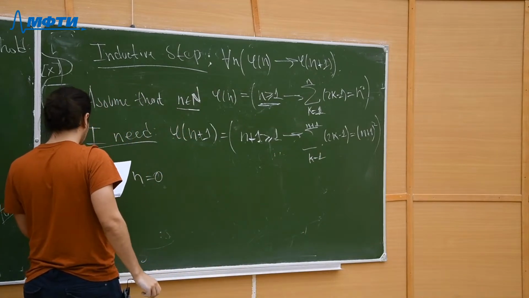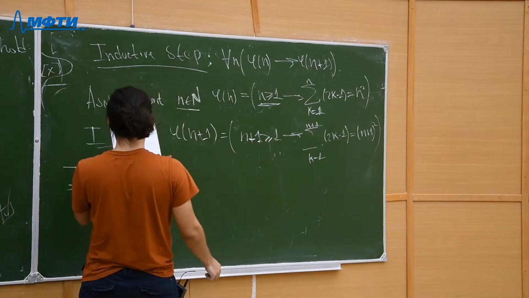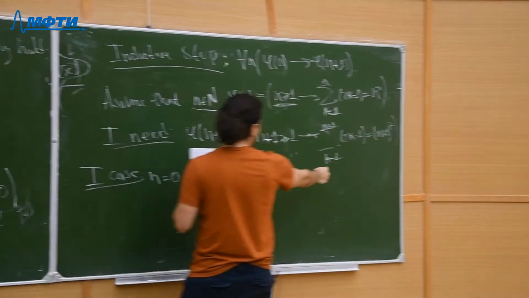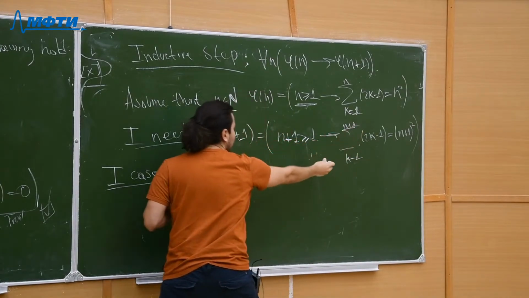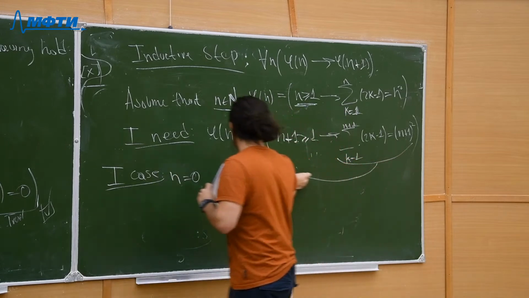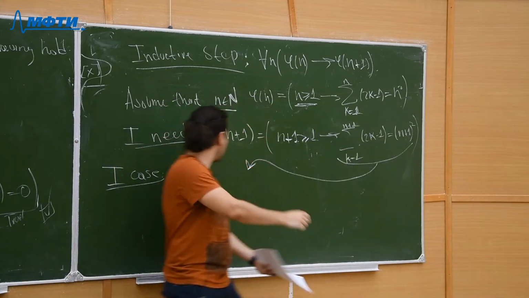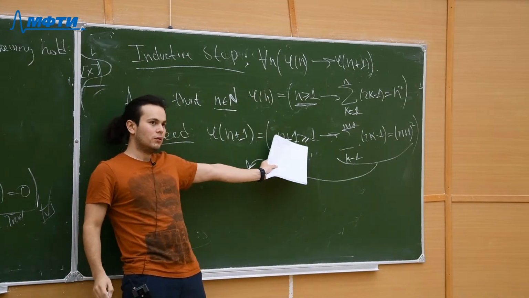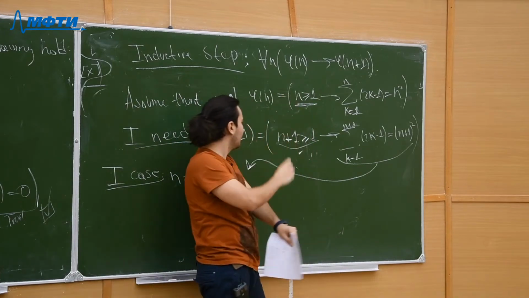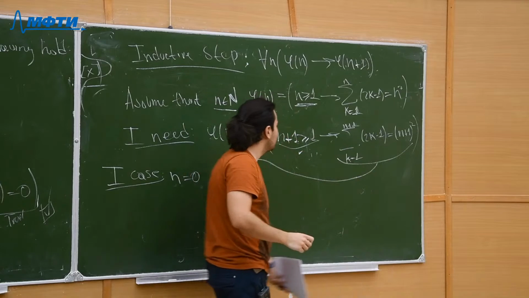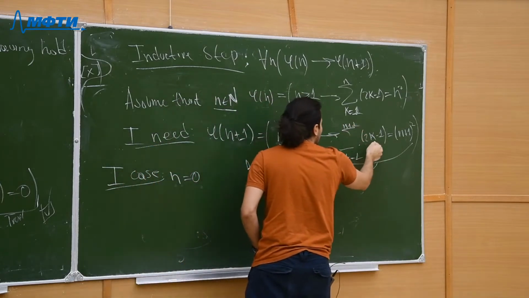Okay, and I obtain the following. So I obtain here, from k equals 1 to 1, right? But for n equals 0, I have to check that this holds. So for n equals 0, this is the sum from 1 to 1 of 2k minus 1.